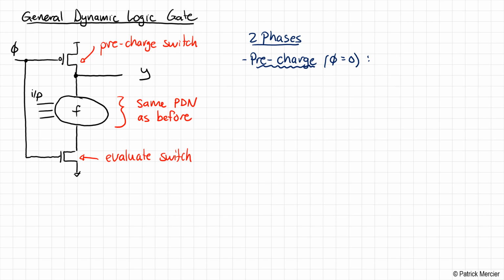The top PMOS is on. So what this means is that the pull-down network is off because that bottom evaluate switch is off, and the pull-up network, which is just that PMOS, is on, and therefore Y is pre-charged to VDD.